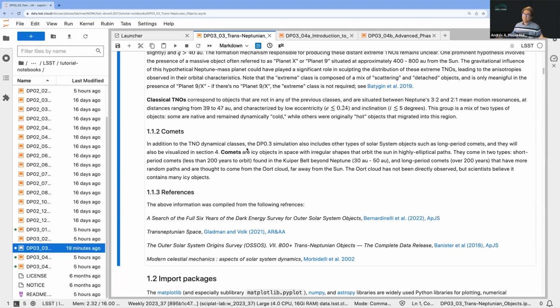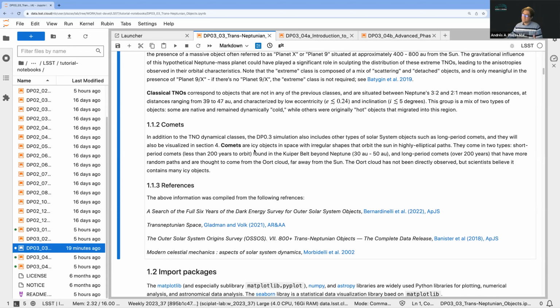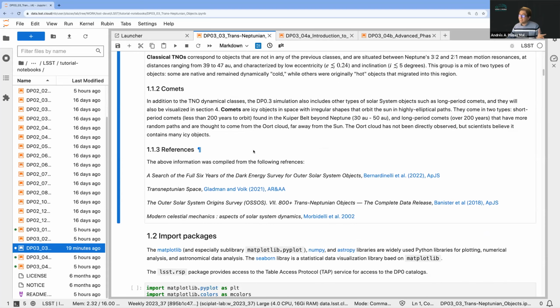I wanted to mention comets, which are not TNOs, but I made the choice to also plot or analyze them in one of the plots that I'm going to show in the notebook, because I just thought it was interesting. That was a choice, and they're not technically TNOs, but you find two types of comets.